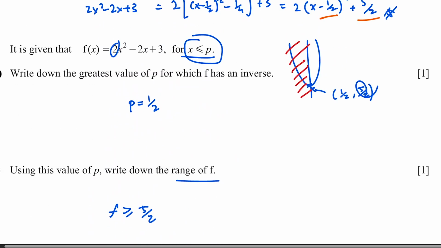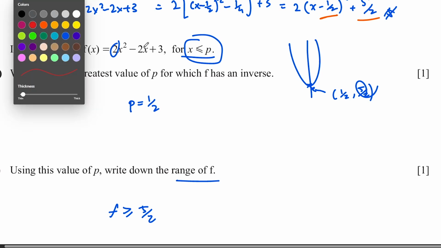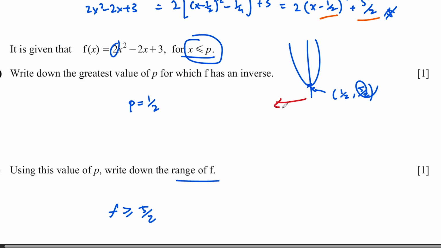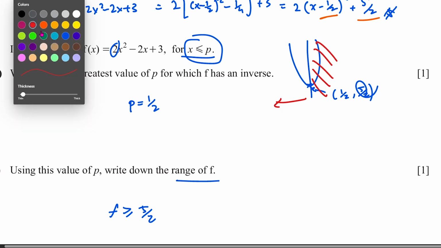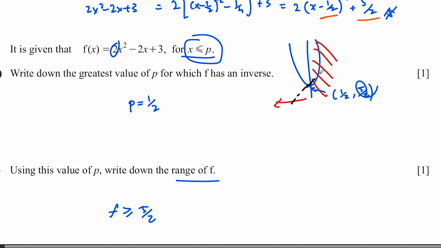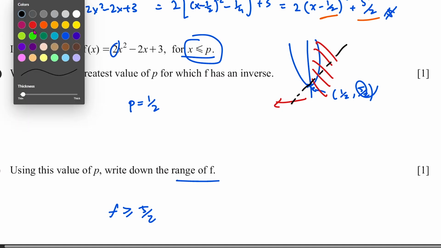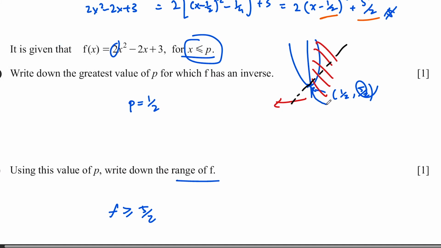x has to be smaller than p. Okay, so I have sketched this wrongly. We're actually ignoring the right side of the graph, because this is our domain, the only allowable values of x. So when we do our inverse, the graph will look like this.